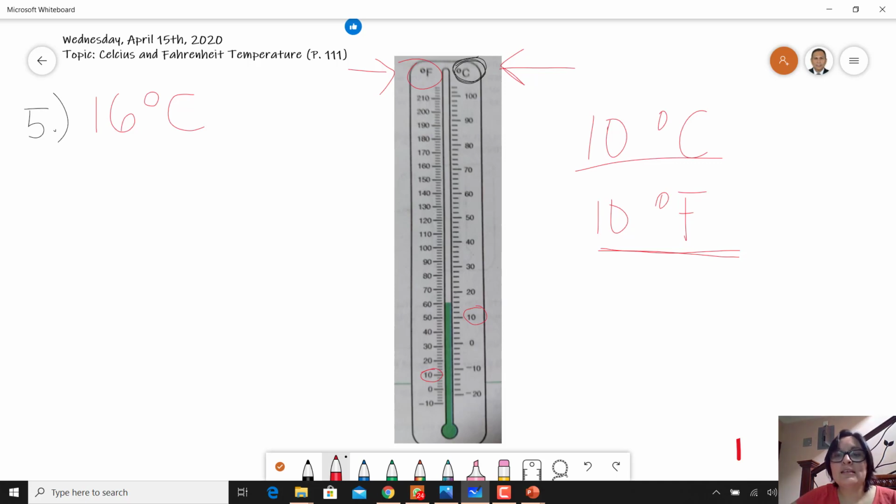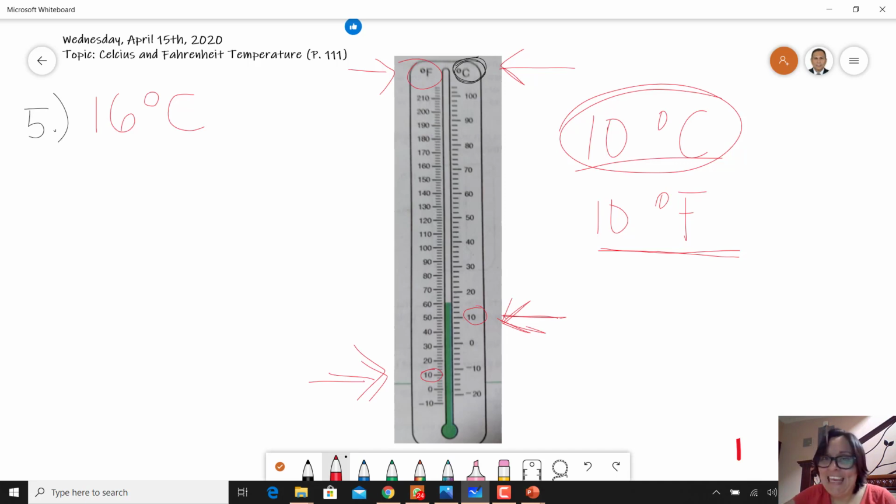So is this 10 Celsius degrees warmer or colder than this one? Answer by yourself, warmer or colder. What you have to write in there is either warmer or colder. Decide, is this one warmer or colder than this one? Analyze.